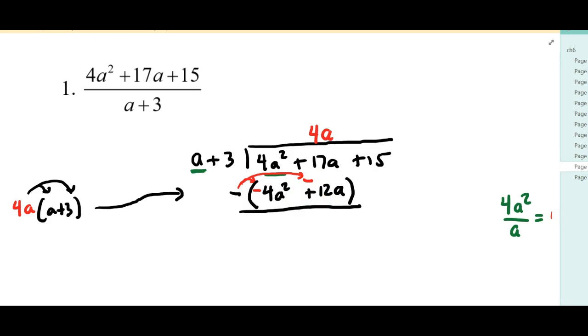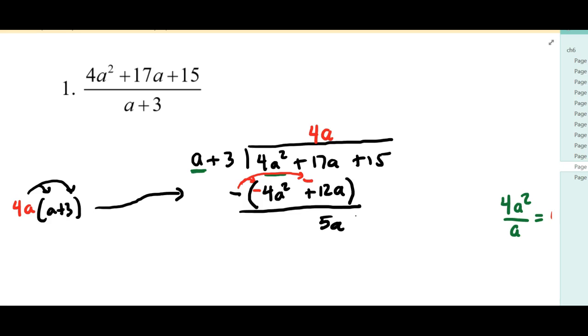Okay, so let's do that subtraction now. 4a squared minus 4a squared, that's going to be 0, so I don't write it. And then 17a minus 12a is 5a. Once we subtracted with the numbers, we brought the 1 down, then we moved over to the next term and brought that down.